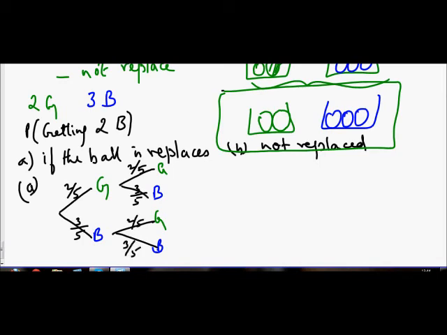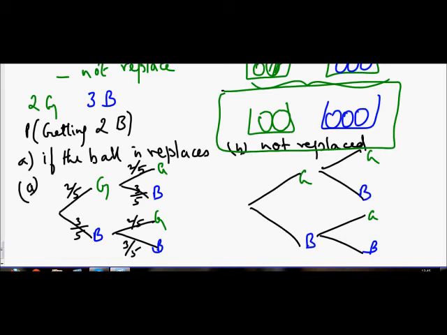Whereas in this case, if you are not replacing them, you have the same branches for 2 events, the green balls and the blue balls would be the outcomes. Now to write the probability. The probability here would be 2 over 5, 3 over 5, for the first draw.